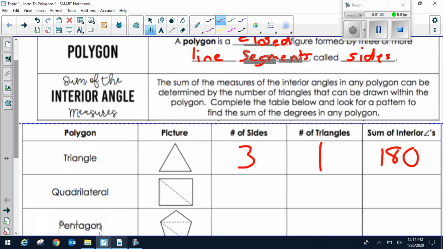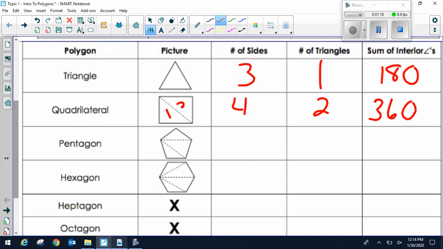For a quadrilateral, that's a four-sided figure, and you can see here you've got two triangles. And the inside angles, if you know 90 plus 90 times 4, right? 360 degrees. Then for a pentagon, a five-sided figure, you can see there's 1, 2, 3 triangles, so those angles add up to 540 degrees.